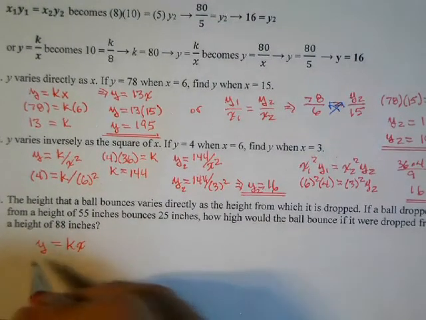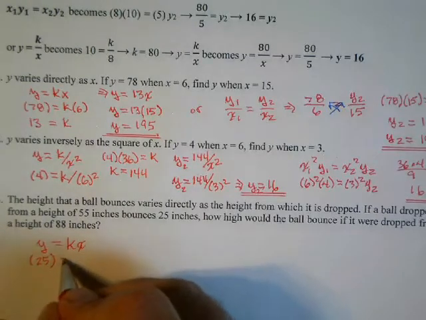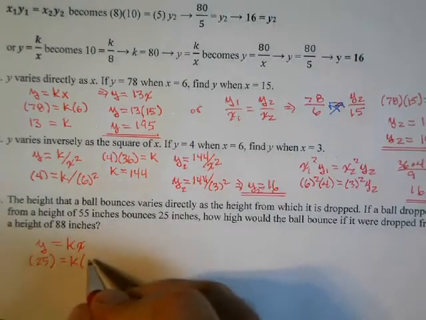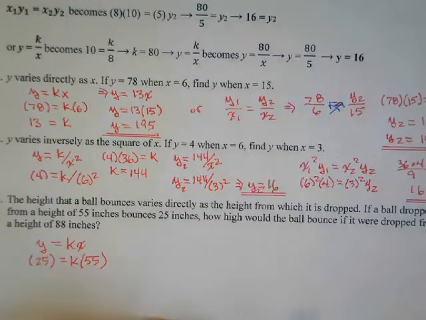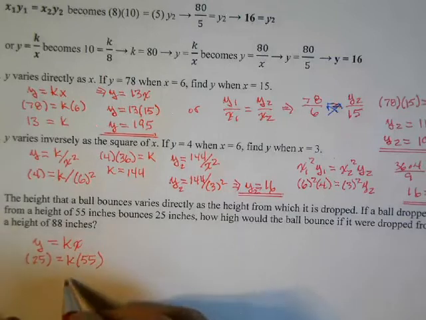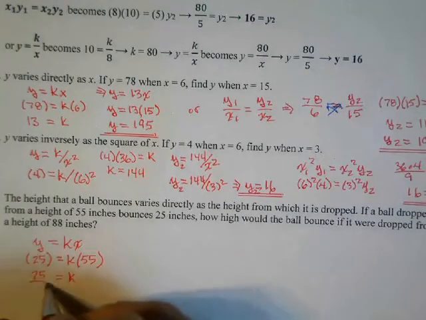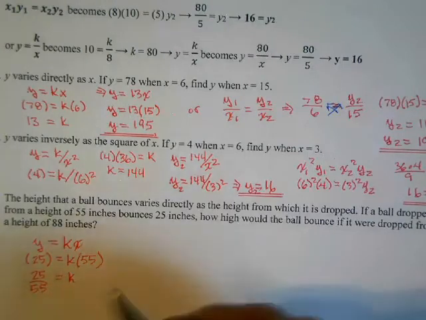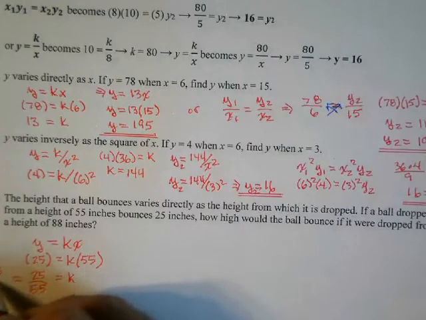We have 25, which is how high it bounced, 55, how high it was dropped from. So, k will equal 25 over 55, which is 5 over 11 if I reduce.